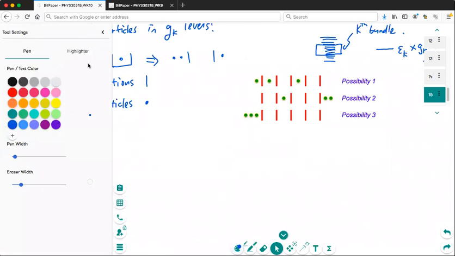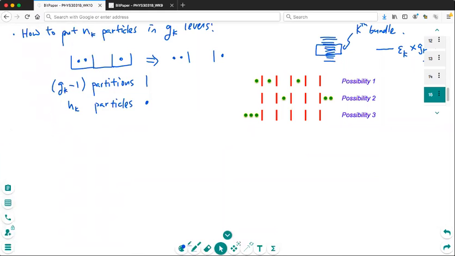So the number of arrangements. The answer for this question is I'm going to have this omega, which is the number of arrangements. I'm going to label it by K to remind you that this is the number of arrangements to do this operation in this kth bundle.